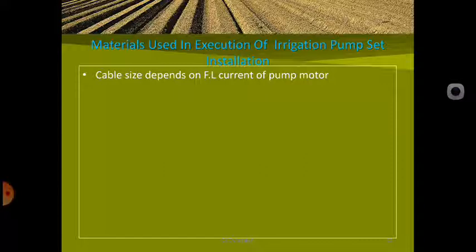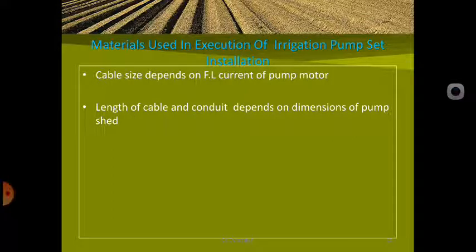What is the cable size? The cable size depends on the full load current of the pump motor, the capacity of the motor, whether it is a 5 HP motor or a 10 HP motor. Next, the length of the cable and conduit depends on the pump shed dimensions. Here we are taking 5 meters by 3 meters.